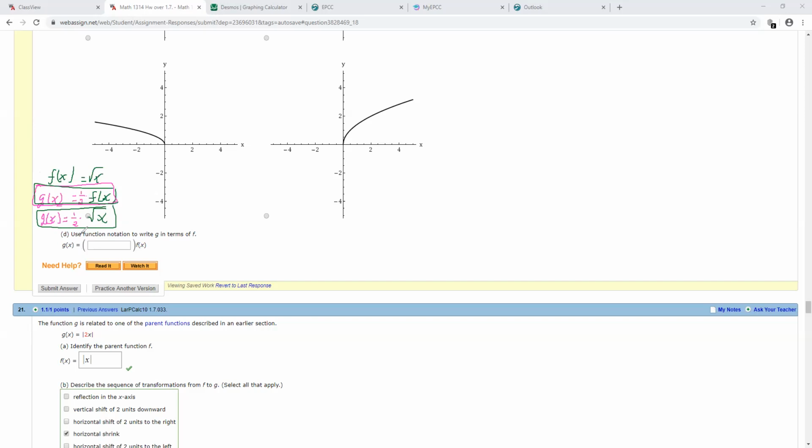So use function notation, which is the g of x and the f of x, to write g, the brand new function, in terms of the parent function, f of x. So here's the parent, and then we make the change, which is a multiplication of 1/2. Any questions here? No. Okay, so I hope that's getting easier and easier now as we do it, yeah?